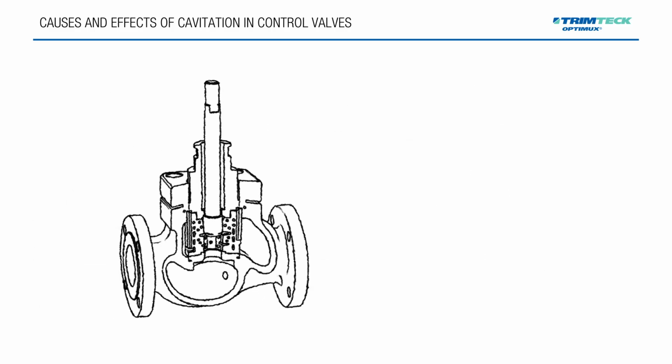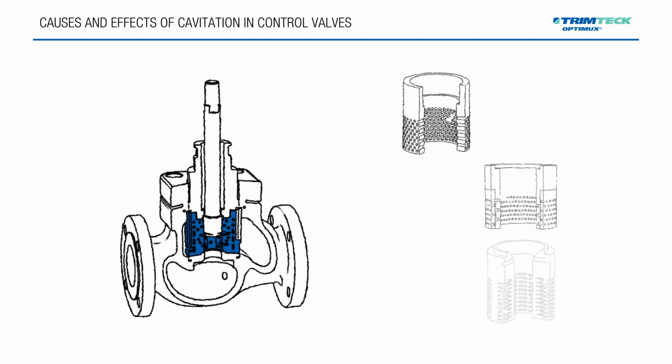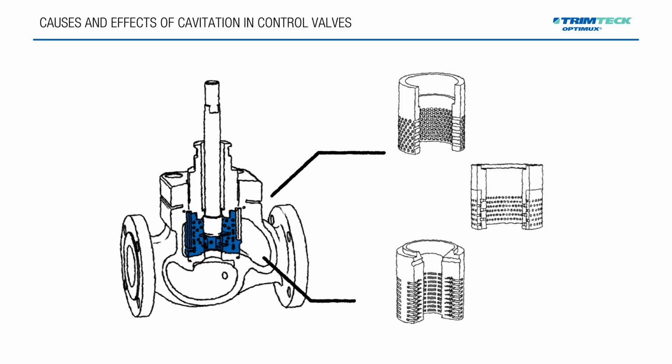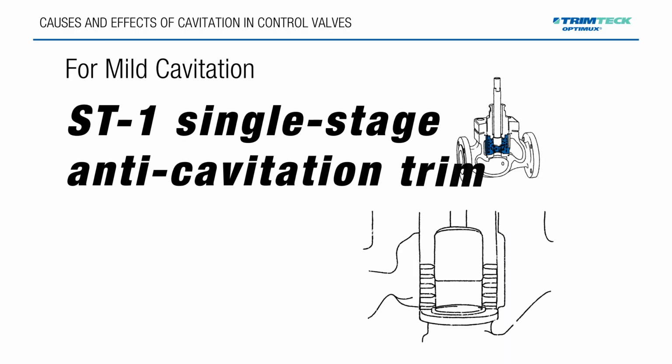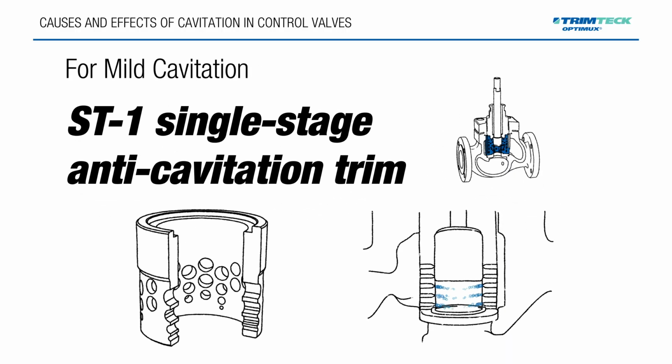At Trimteck, we've spent decades engineering severe service trims that control or eliminate cavitation. Our approach depends on the severity of the service. For mild cavitation, our ST1 single-stage anti-cavitation trim uses mutual impingement, directing vapor jets toward each other so they collapse harmlessly in the center of the cage instead of against the metal walls.